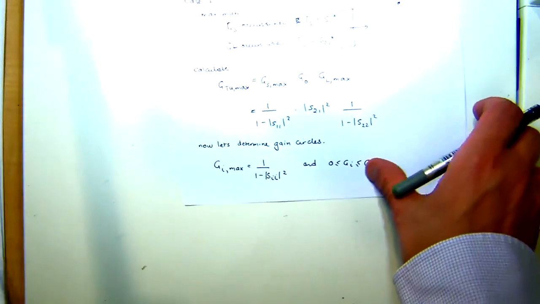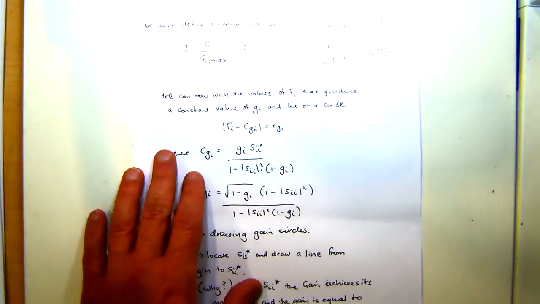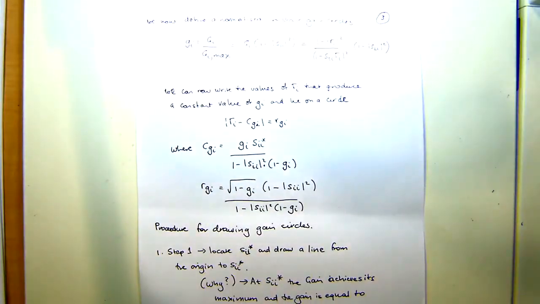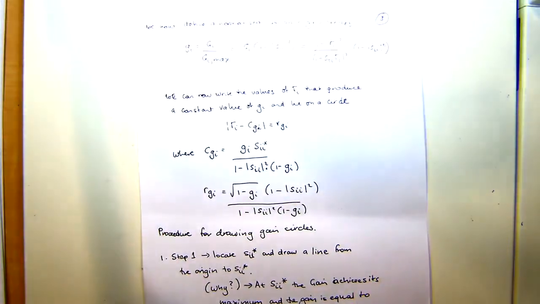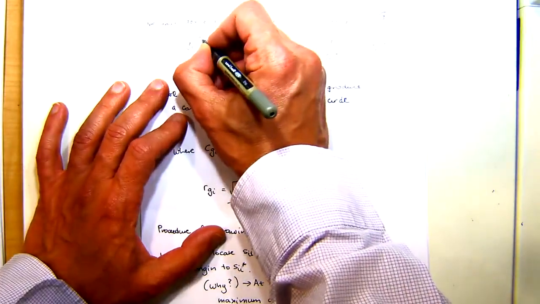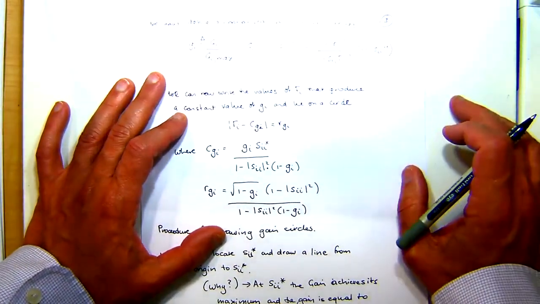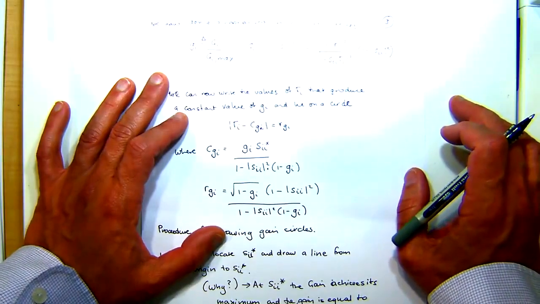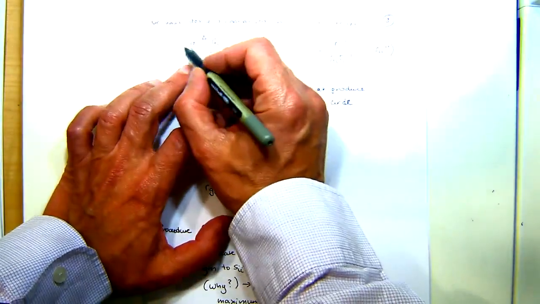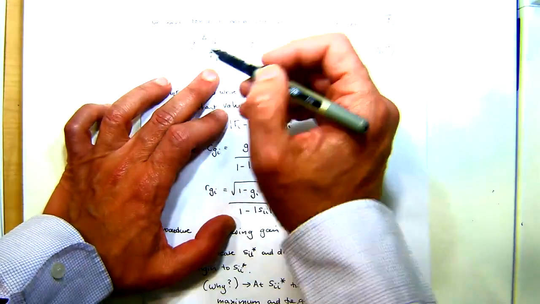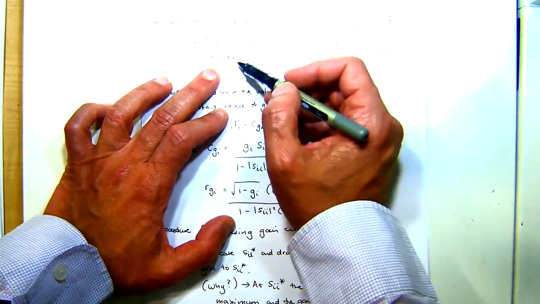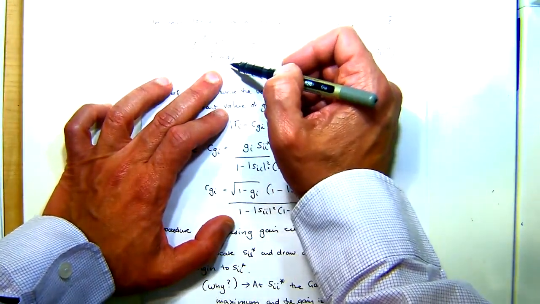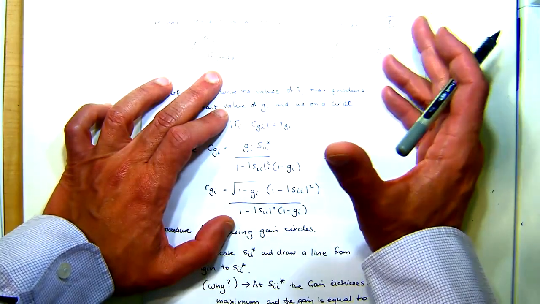So what I've done here is define this little GI to be some gain divided by the maximum gain for that particular subnetwork.